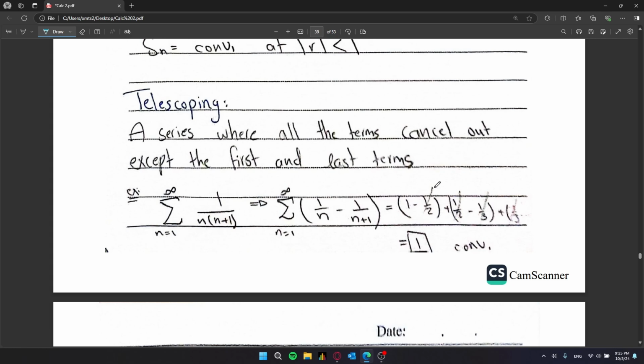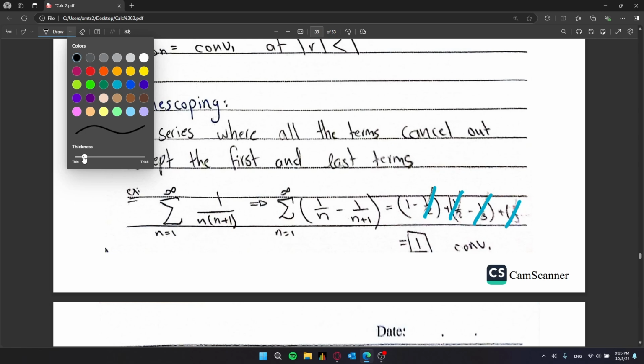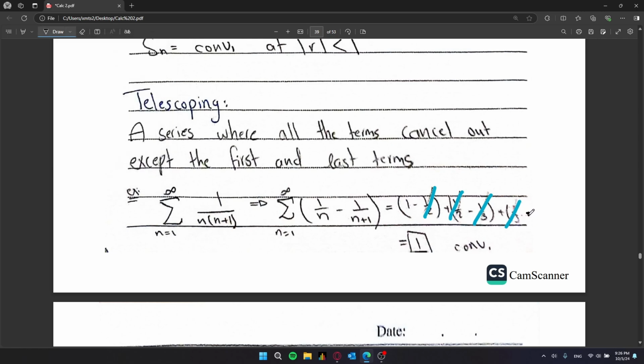All of these terms you can see will cancel out except the first term and the very, very last term. Now, why is this equal to 1? Because at the very end, if you keep going, plus 1 over 4 minus 1 over 4 plus 1 over 5, etc.